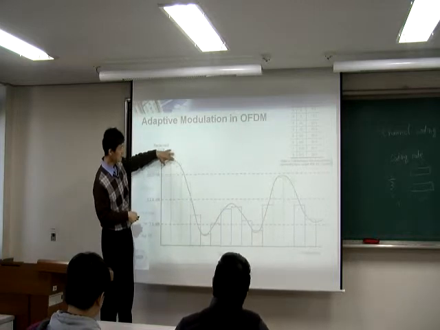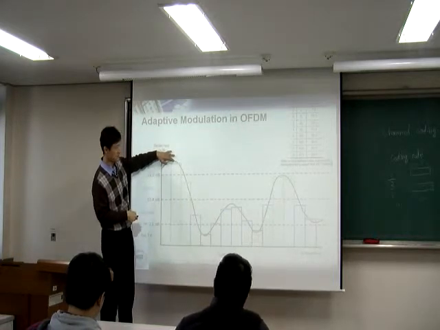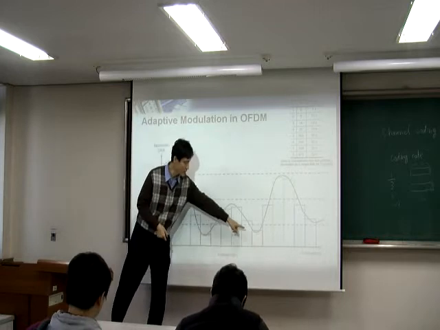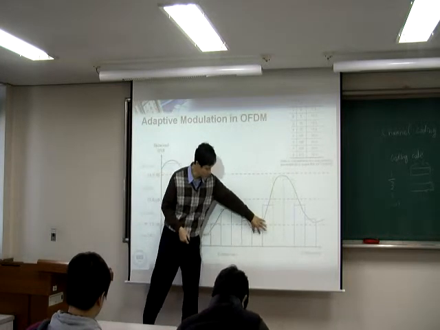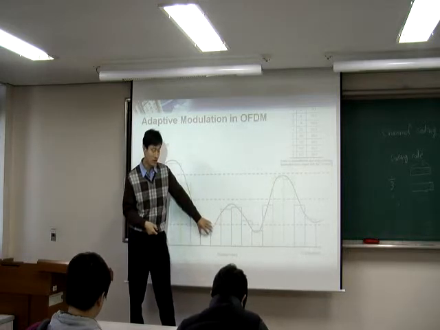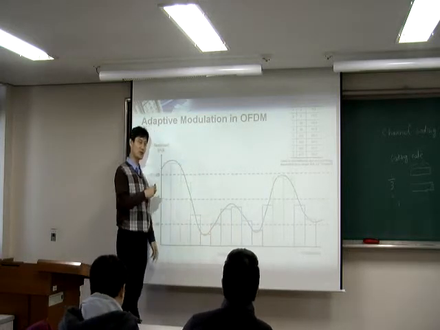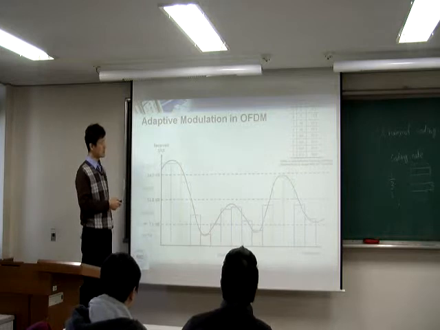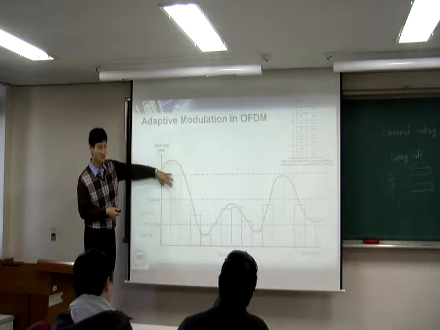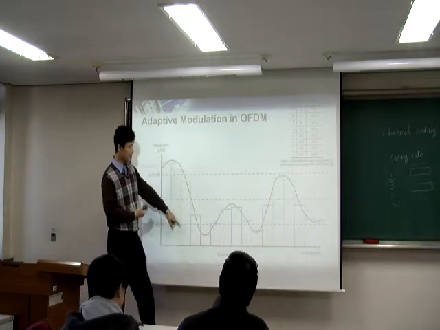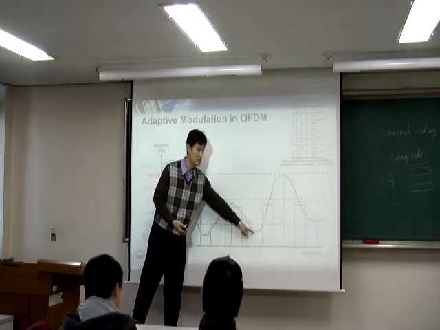These two probably have very excellent channel condition. For example, these red subcarriers, this frequency range has a very low channel quality. So depending on that, what we can do is assign a high modulation for these subcarriers and a very low modulation for these subcarriers.